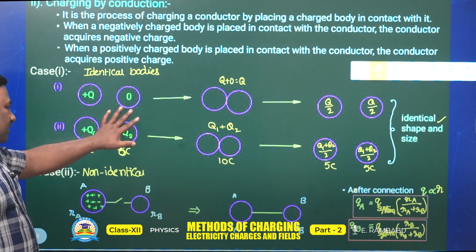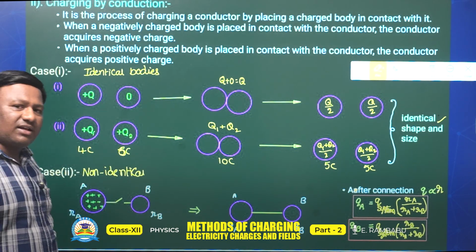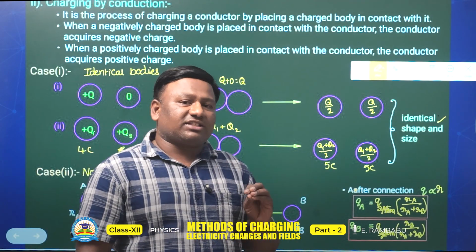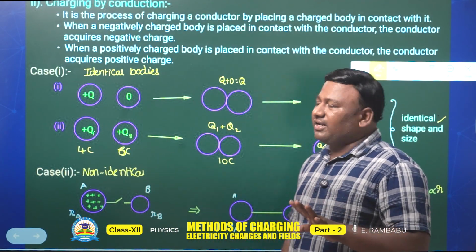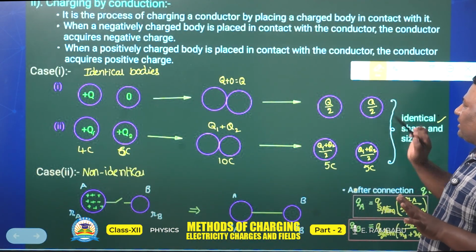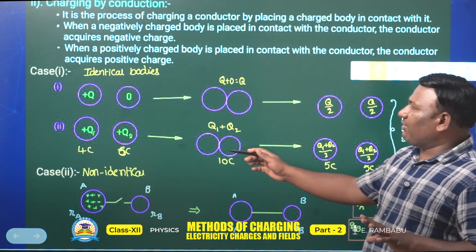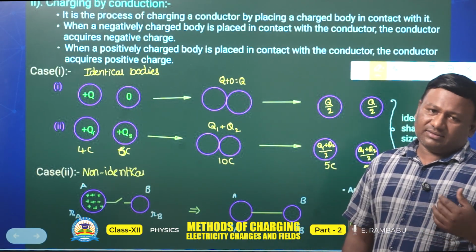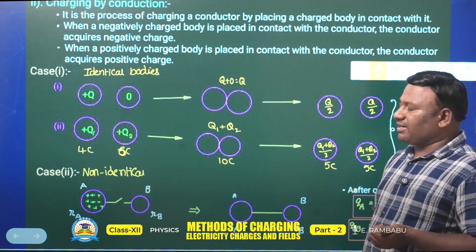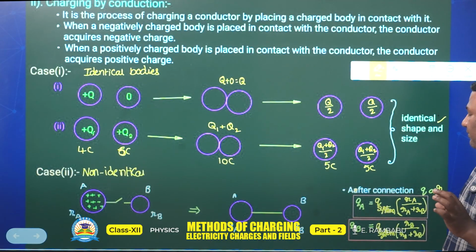These two cases are considered. If identical bodies are taken, the charge can exchange between both bodies until both attain equal charge. And whenever you take non-identical bodies, the charge will exchange depending upon the size of the given body.